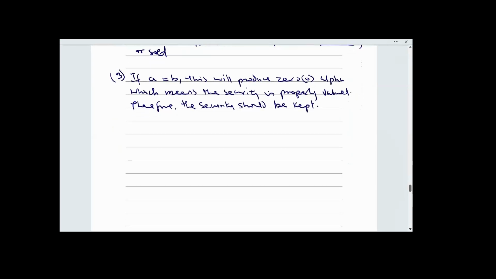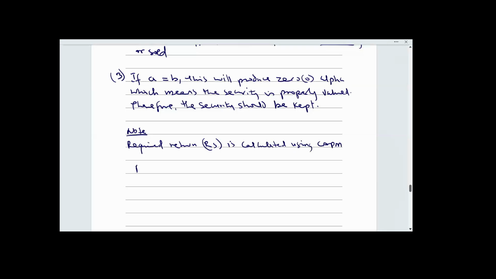Now, note the required return, RS, is calculated using the CAPM formula.